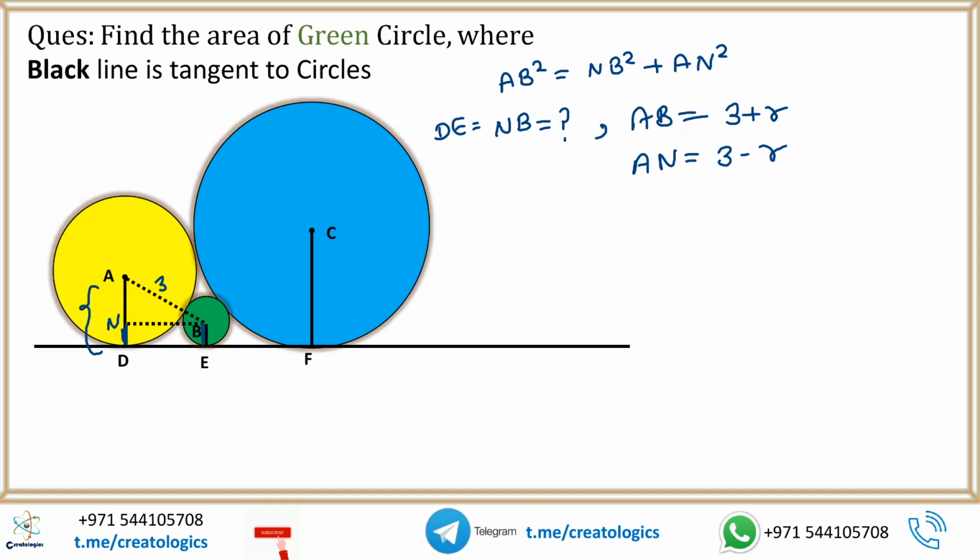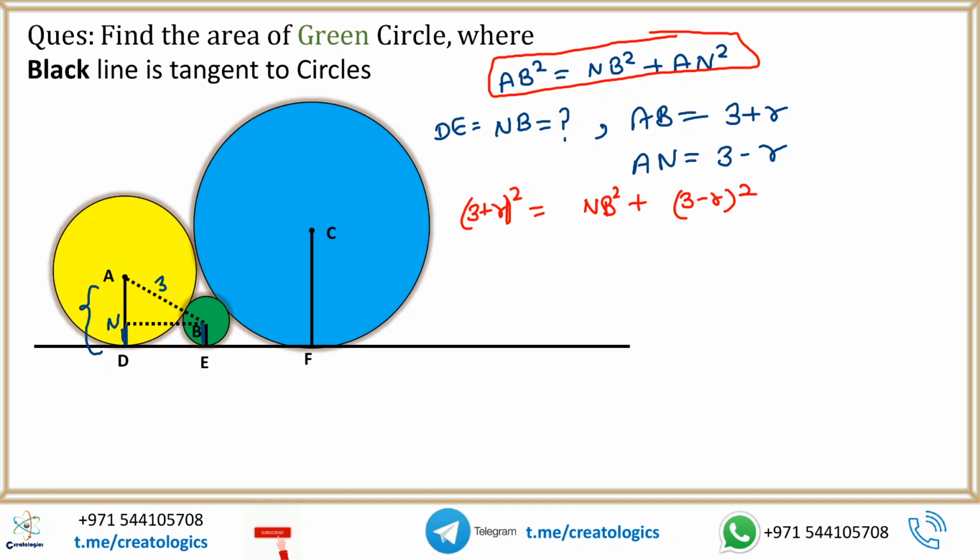So use the Pythagoras theorem, plug back into this expression, we get AB squared, which is 3 plus r squared, is equal to NB squared, which we need to calculate, plus AN squared, which is 3 minus r squared.